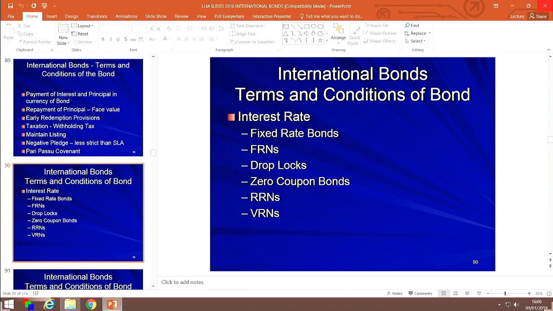So the interest rate clause will simply refer to interest payable at LIBOR plus, but not paid until whatever the date is, 1 year from now. And at the end of that 1 year period, the interest accumulated for that year will be rolled up into the capital of the bond, and the interest rate payable at the end of the year shall be based not just on the face value of the bond, but the rolled up interest. That's why it's called a rolling rate note, because of this interest rate clause.